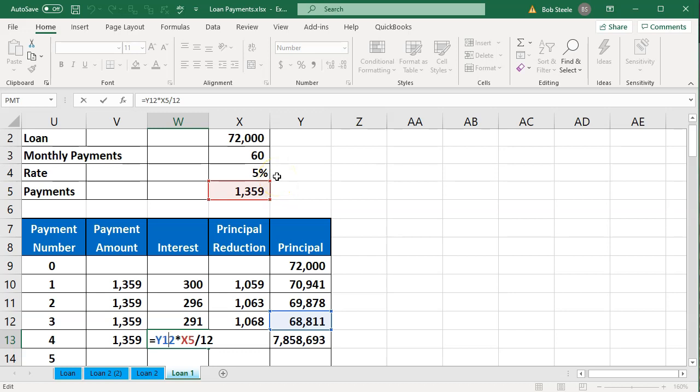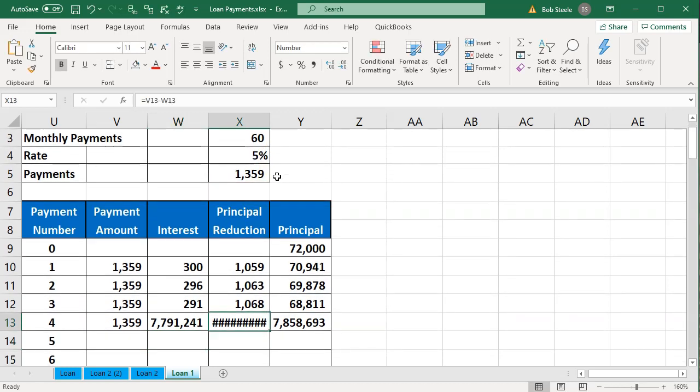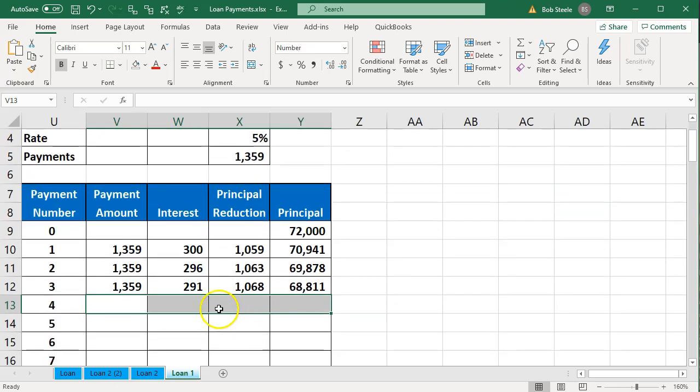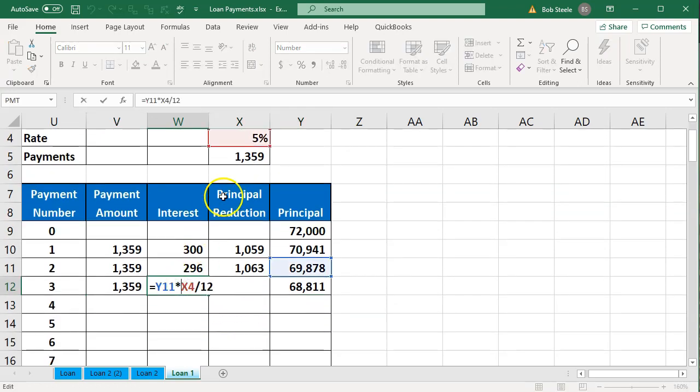I tried to bring it down, so I'm going to use an absolute reference there, and then it should be okay. So I'm going to delete this, and then I'm going to go back to the interest portion, double click on it, and see this one in X4. That X4, I want to make an absolute reference. To do that, I'm going to push F4 on the keyboard, or you can simply put a $ before the X and a $ before the 4.